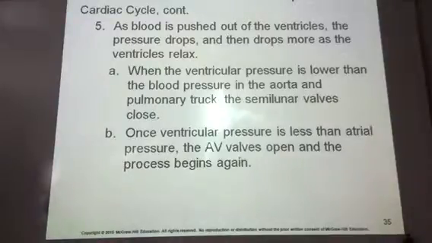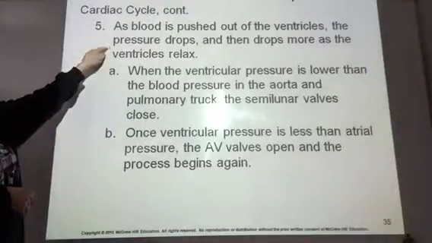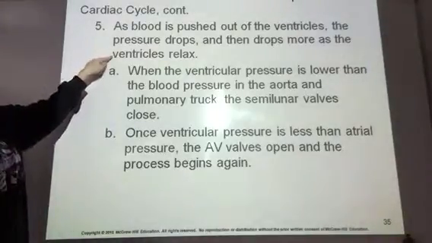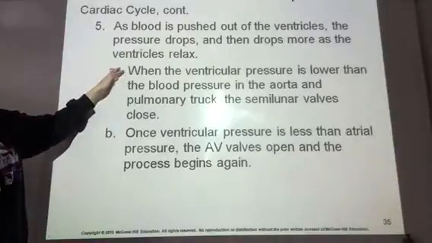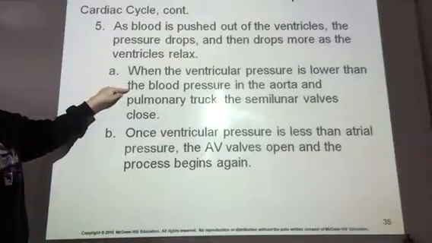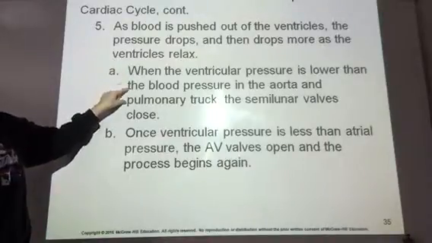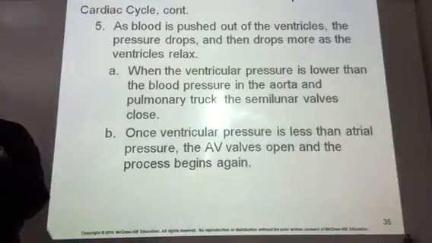Once the blood is pushed out of the ventricles, the pressure in the ventricles drops, and then it drops even more as the ventricles relax. So when the ventricular pressure is lower than the pressure in the aorta and the pulmonary trunk, then the aortic valve and the pulmonary valve are going to close.